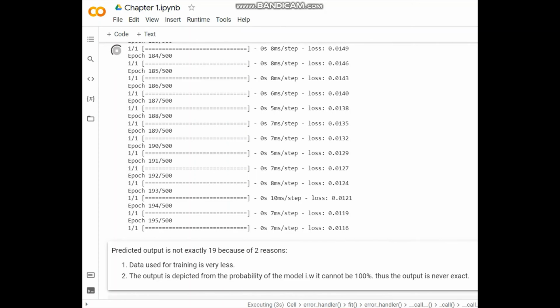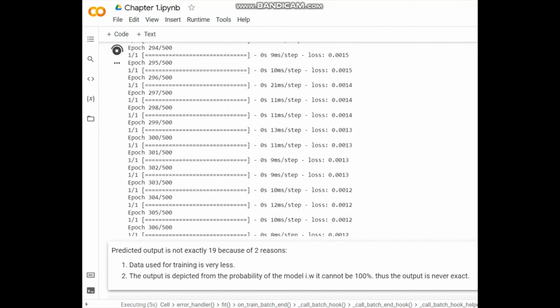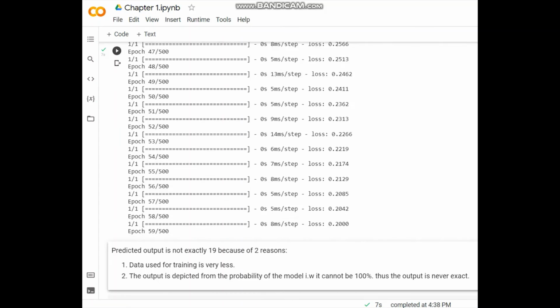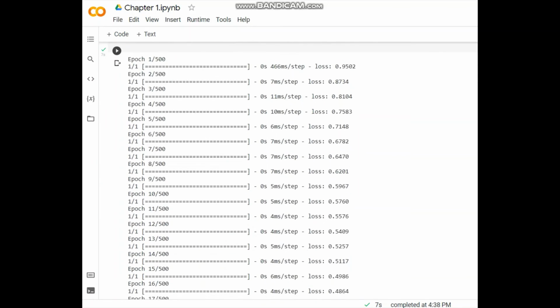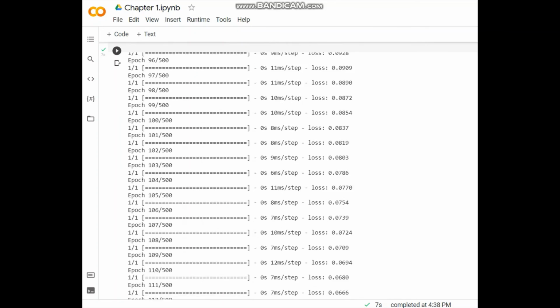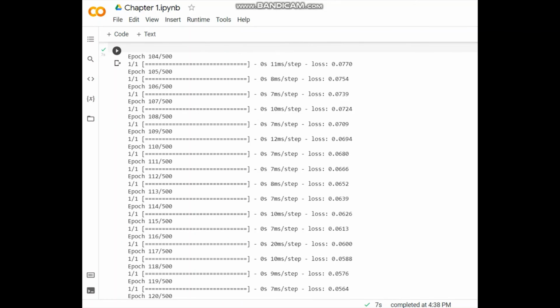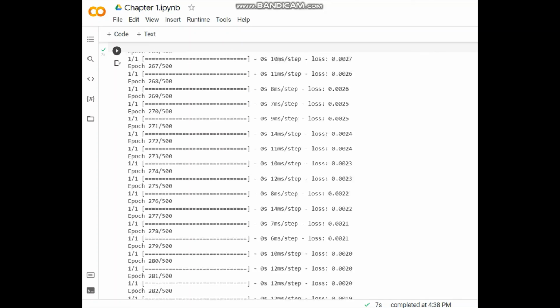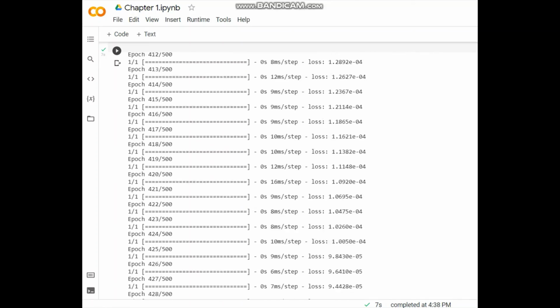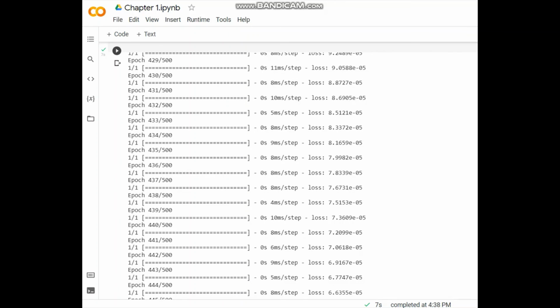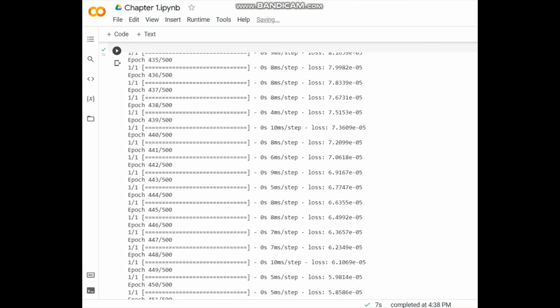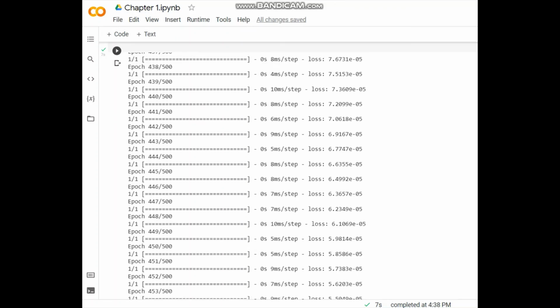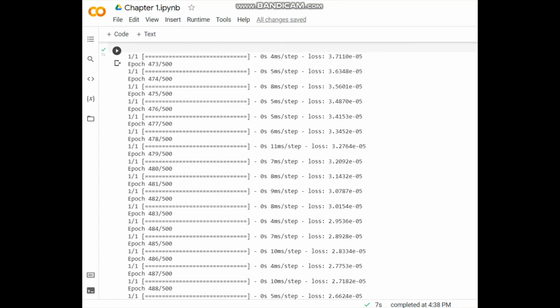So as you can see, the epochs are running, and from the start we see the loss was 0.95 something, and as you see there is a green tick mark on the side, which means the processing is done. We can see from 0.9 it's gone down to almost 10 to the power minus 5, so the loss has decreased many folds.